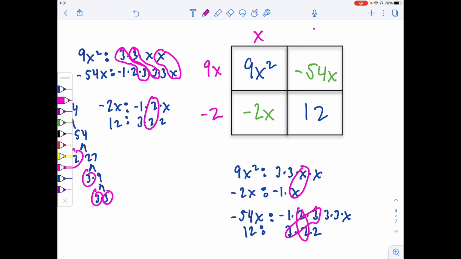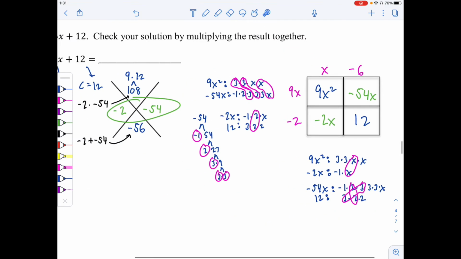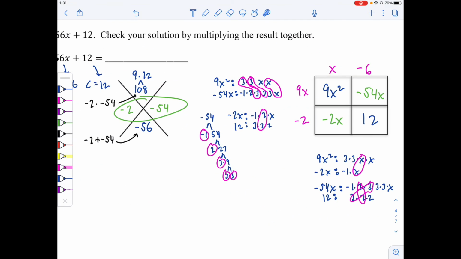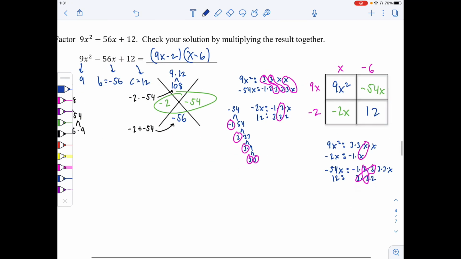And again, if our first number is negative, make this negative 6. Now we check, does that work? 9x times x, 9x squared. 9x times negative 6, negative 54x. Negative 2 times x, negative 2x, negative 2 times negative 6, positive 12. That does work. So that's our solution. 9x minus 2 and x minus 6. Right there.